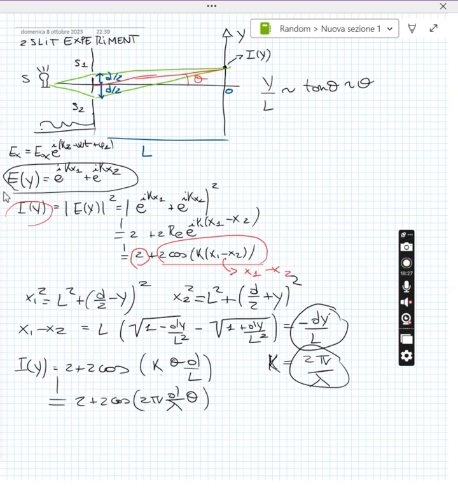So how is it possible that they end up on different zones of the screen? Because you know from an experiment, it was Taylor, I guess, that was sending photons through the slits with a really feeble light.